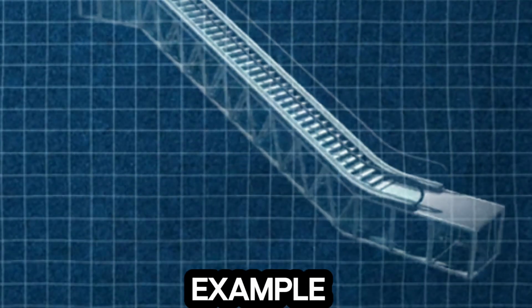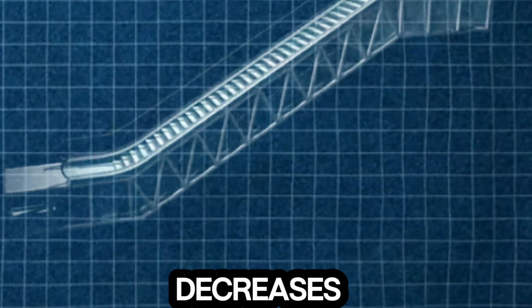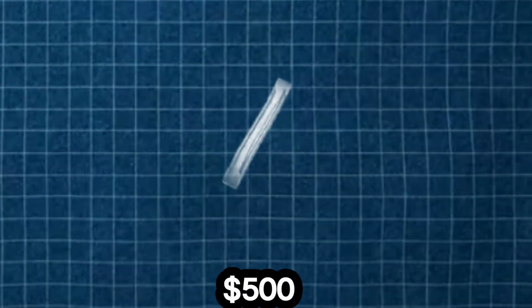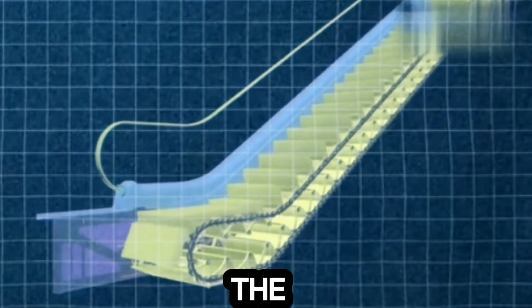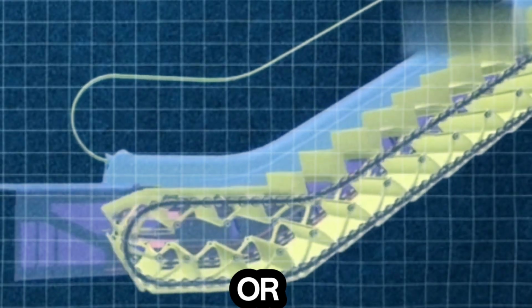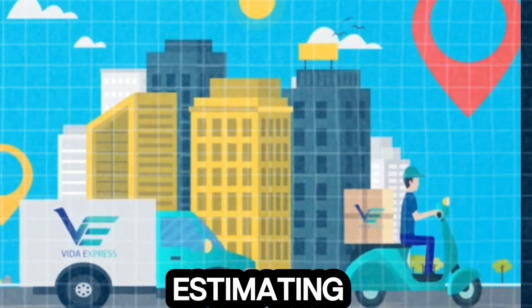Example clause: in the event that the market price of steel increases or decreases by more than 5% from the base price of $500 per ton, the purchase price shall be adjusted accordingly on a quarterly basis. The adjustment will be based on the average market price of steel as reported by the Steel Market Index.